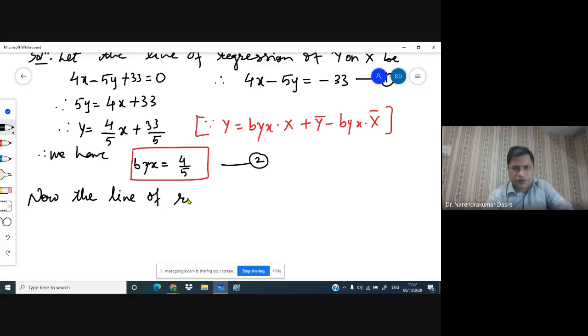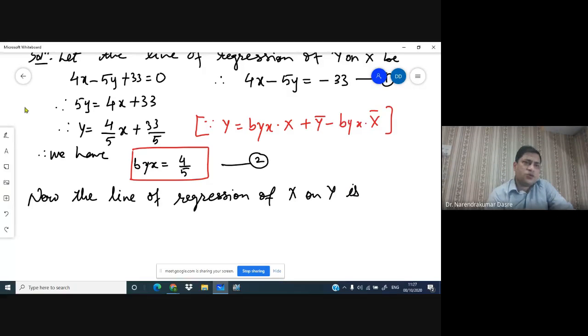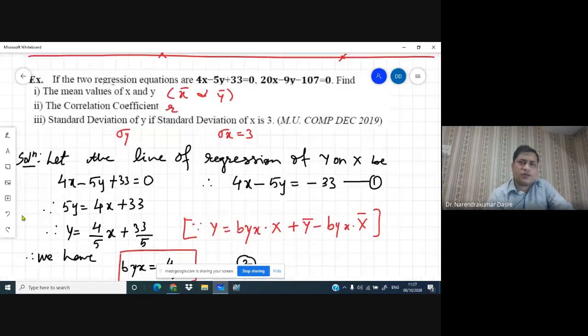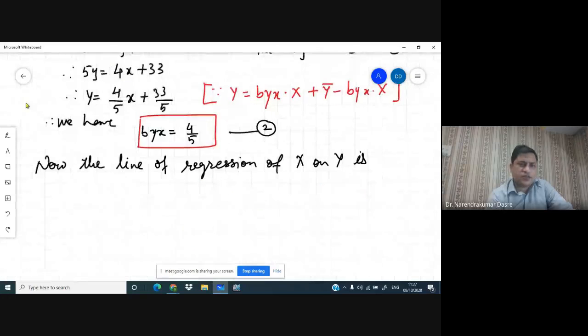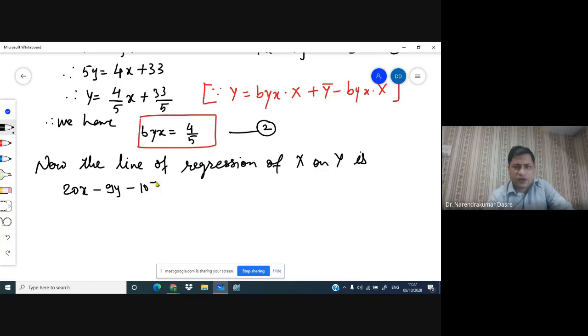Okay, now the line of regression of x on y is 20x minus 9y minus 107. So it is 20x minus 9y minus 107 is equal to 0.